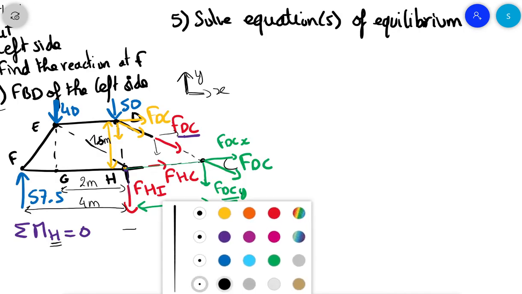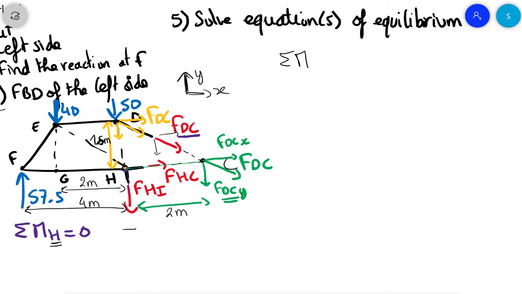Okay. So we will do sum of the moment about H equal to 0. We have the 57.5 times this distance of 4 meters, and it's going in the negative direction, so minus. We have the 40, plus the 40 going in the plus direction, times this distance that is 2. Horizontal distance for vertical force, or vertical distance for horizontal force.